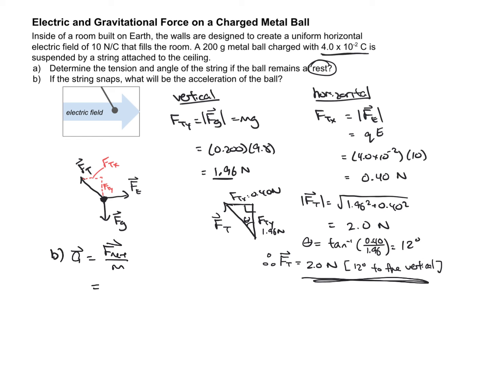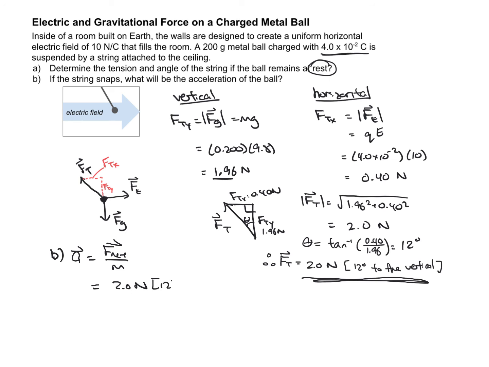Okay, so I'll repeat that. The net force started at 0, but if the string snaps and we lose the tension, the new net force is going to be basically the opposite of the tension force. So that'll be 2 newtons.